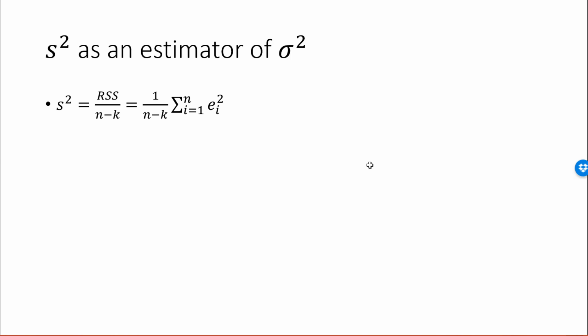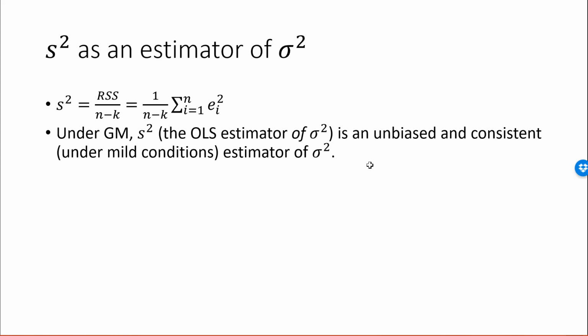So with this adjustment, doing n minus k instead of n minus 2 or n minus 1, you can show that S square will become an unbiased estimator of sigma square. And under some mild conditions, it will also be a consistent estimator.